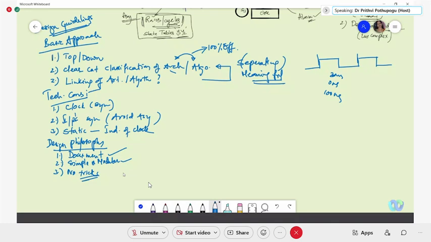So this completes the design as per the specifications and as per the design standards. These are the points we have seen for these many hours.